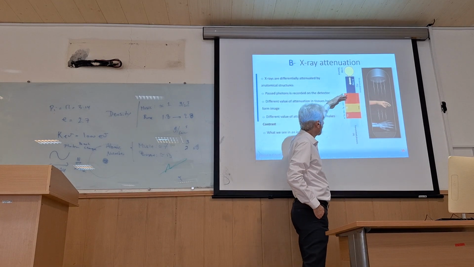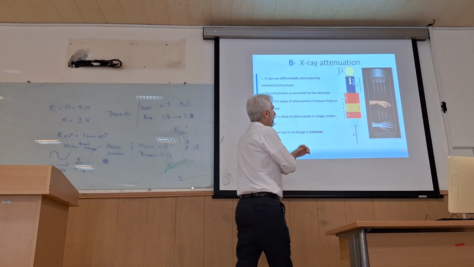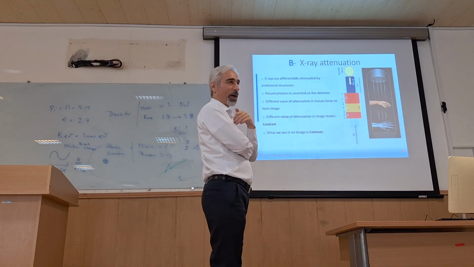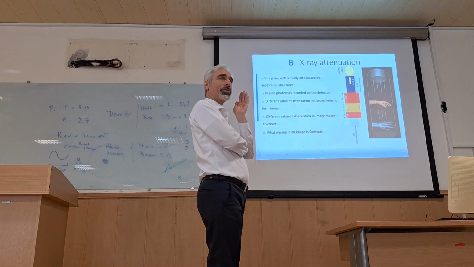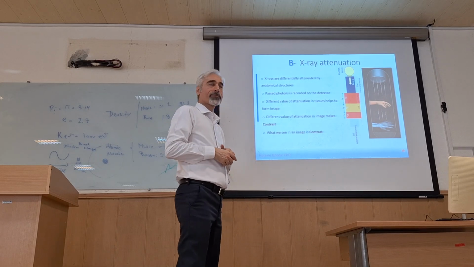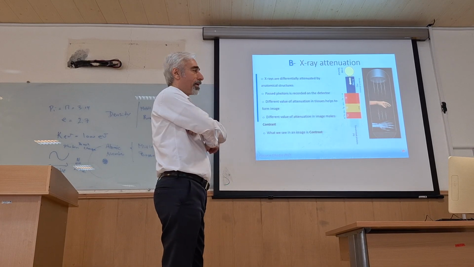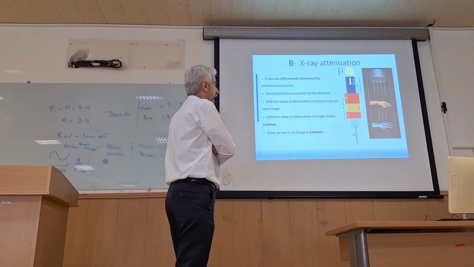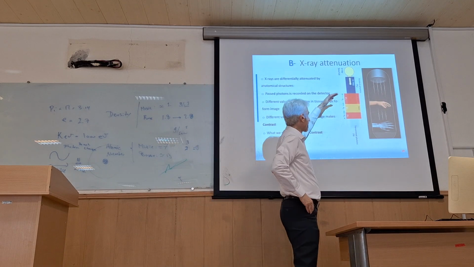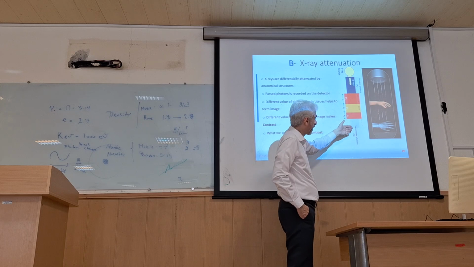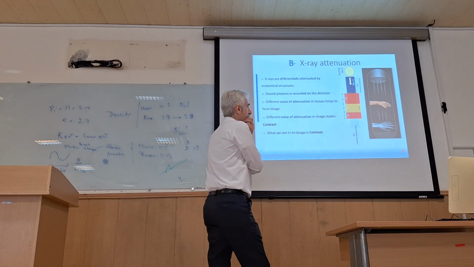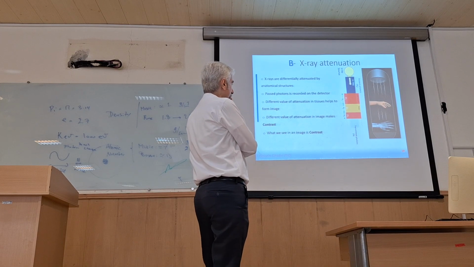There are different types of tissue that the X-ray should pass through, and in each tissue there are different attenuation values, and then at last, after passing through different tissue, we have a transmitted photon flux.